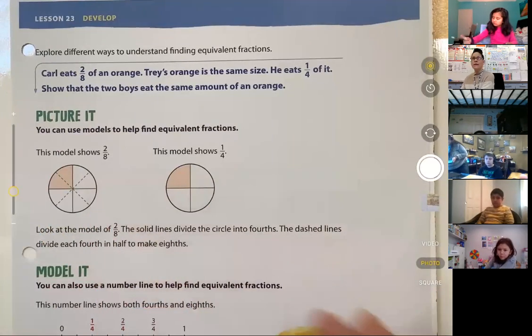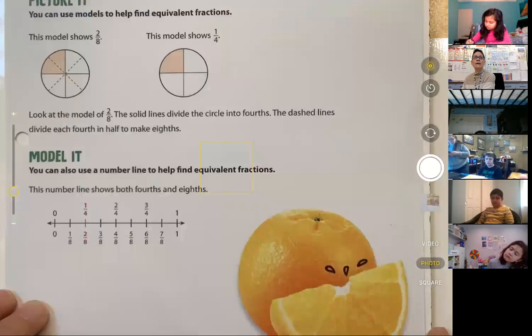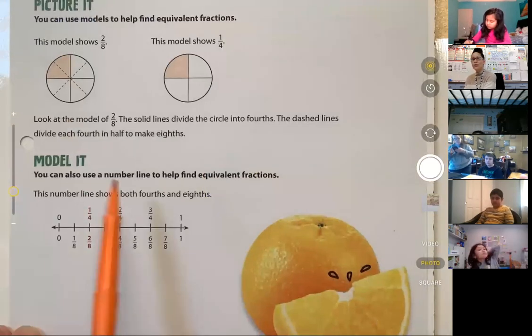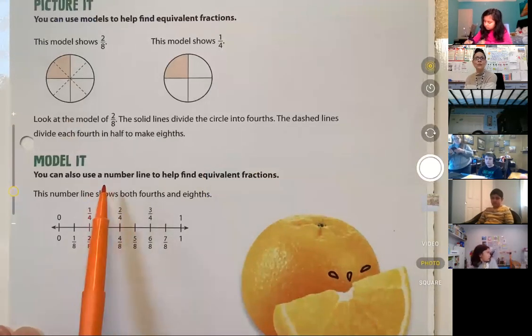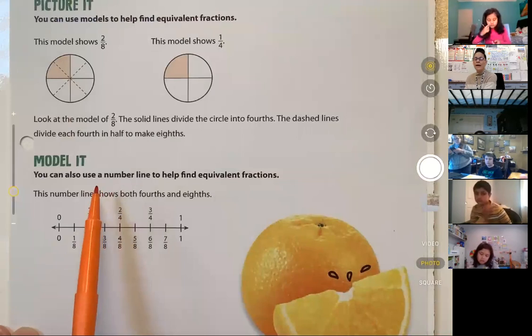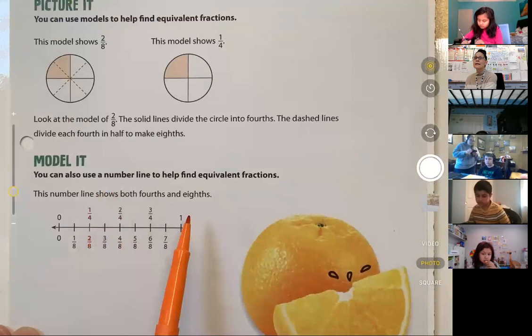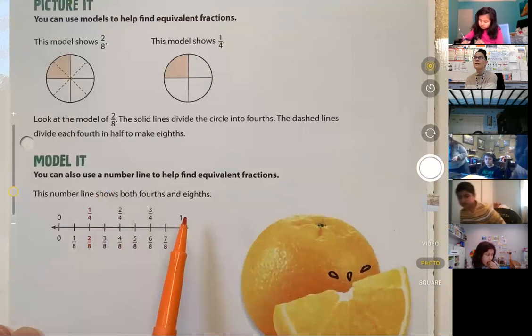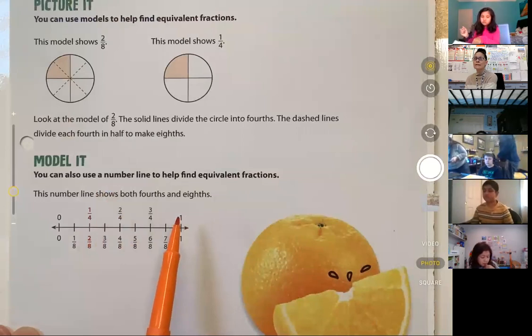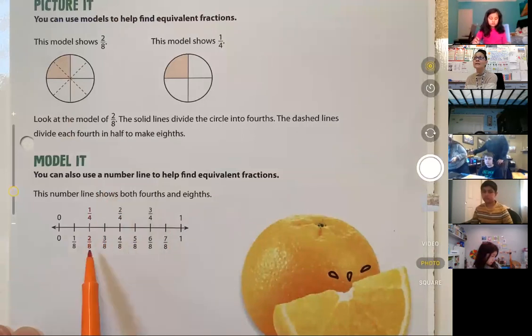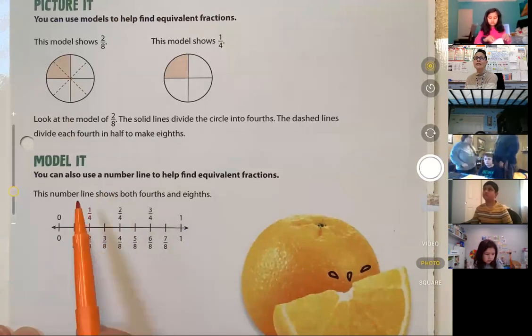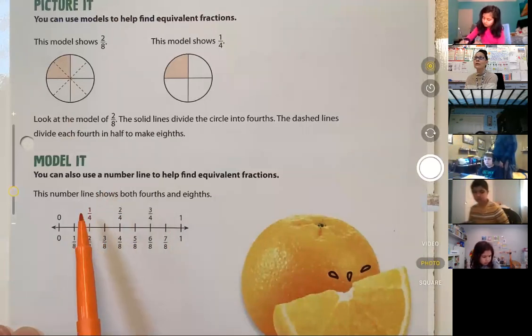If we look down here at the bottom on the model, it says you can also use a number line, which we did. Again, the bottom is Carl, the top is Trey. Looking for equivalency, taking what Carl ate and seeing if it matches what Trey ate.